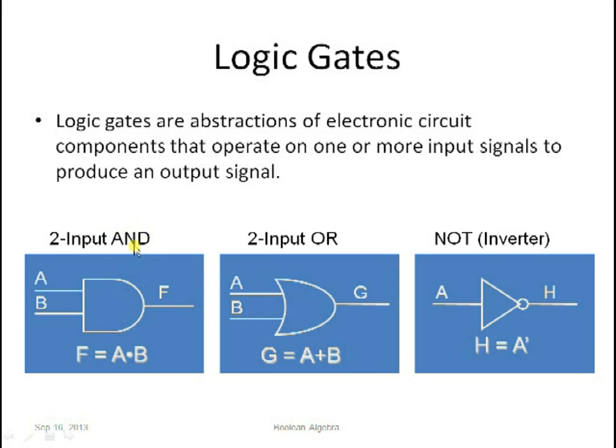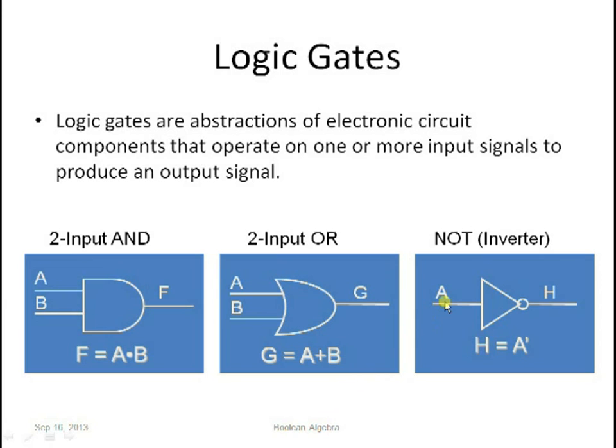Now the operators that we have seen are AND, OR and NOT, and all these operators are represented with gates in this fashion. You can see the symbol of the AND gate, which can accept more than one input and produces only one output, and the output expression we have seen is f equals a and b. In the same way, this is the OR gate representation, which also accepts more than one input and produces only one output, and the output expression is a or b.